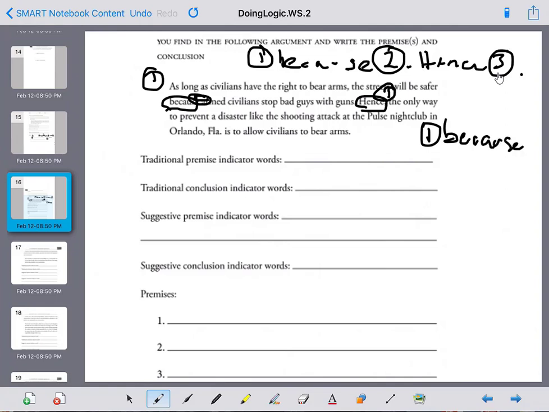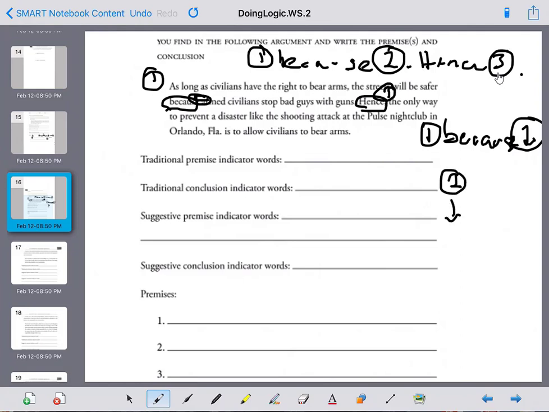Whenever you see something like that, 2 is a premise to number 1. So when you start mapping, you realize 2 is a premise to the subconclusion 1 because of the word because. But then when I go back up to the problem, it really wants to conclude 3, which means it's going to go from 1 to 3.